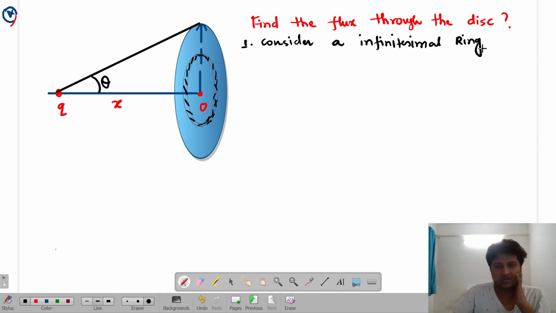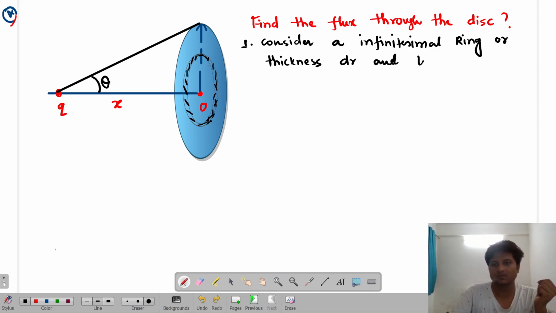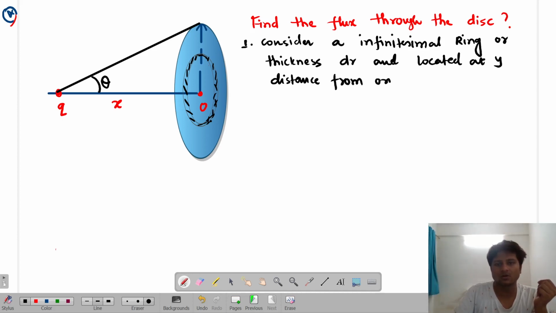Then you integrate it, of thickness dr, ठीक है? And located at y distance from origin.